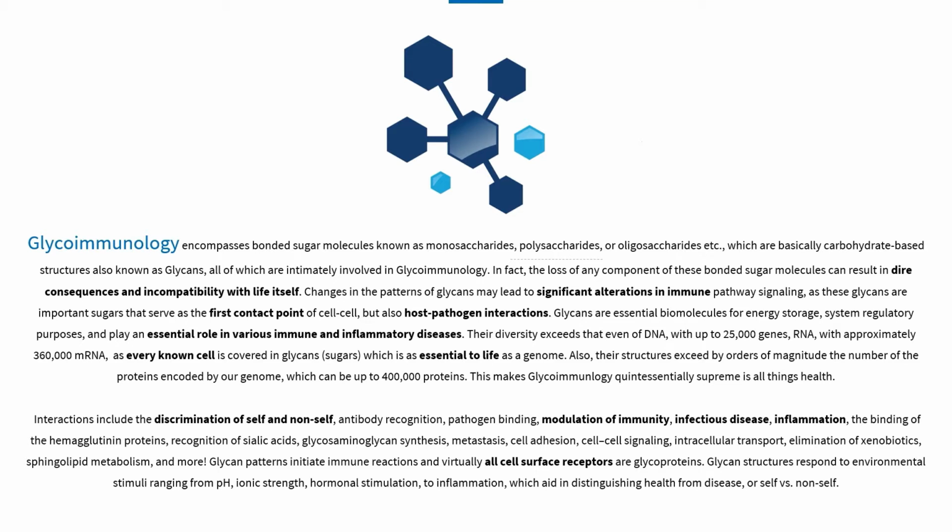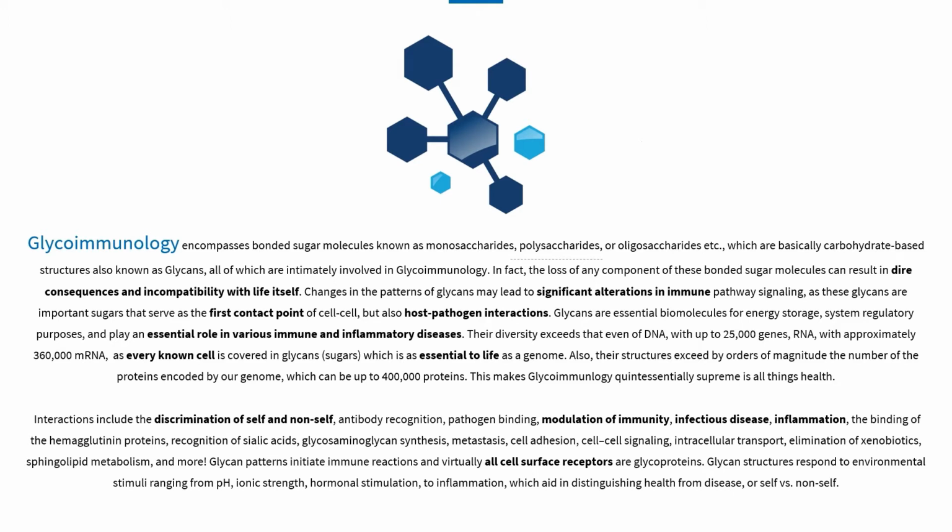Interactions include the discrimination of self and non-self, antibody recognition, pathogen binding, modulation of immunity, infectious disease, inflammation, the binding of hemagglutinin proteins, recognition of sialic acids, glycosaminoglycan synthesis, metastasis, cellular adhesion, cell-to-cell signaling, intracellular transport, the elimination of xenobiotics, sphingolipid metabolism, and more.